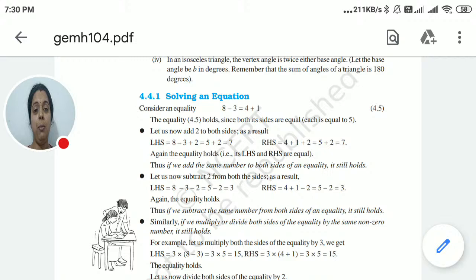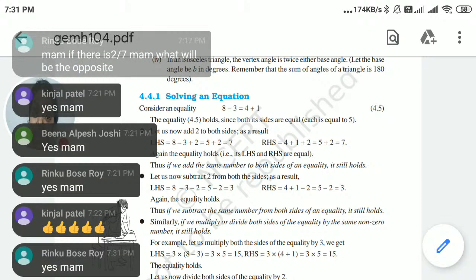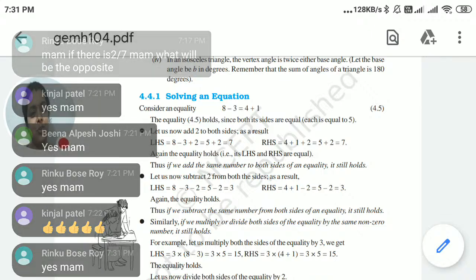You may have a feeling, oh my God, what ma'am has told me to do. It can be very tough. But let me tell you, exercise 4.1, you did the same. Exercise 4.1, question number 1, it was the same. The value of x was given and something was given on the left hand side, and something on the right hand side.